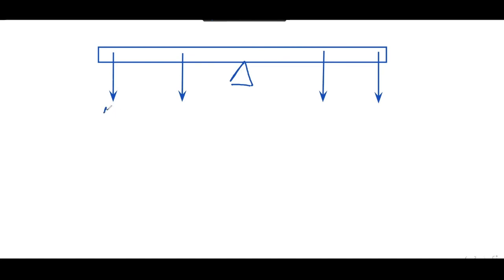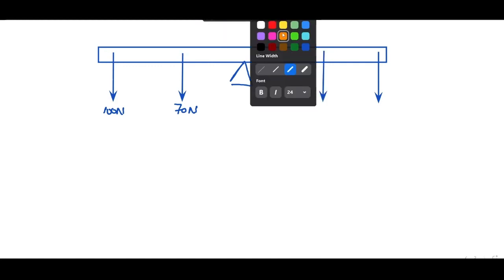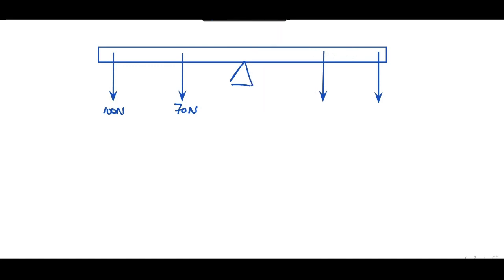Let's say that this is 100 newtons, this is 70 newtons, and let's create a disturbing factor over here. This is 50 newtons, and let's say this is the force that you want to find out, and this is 20 newtons.